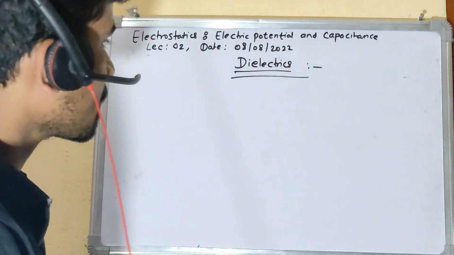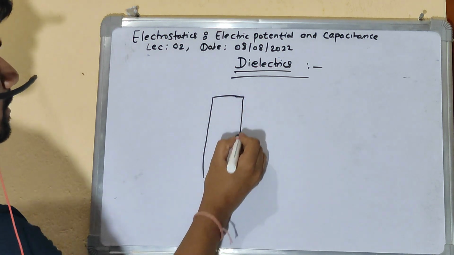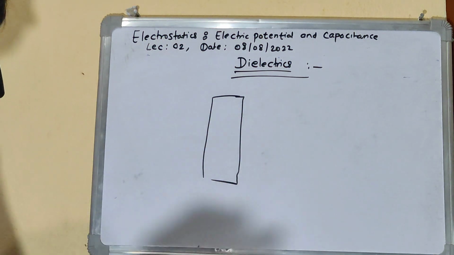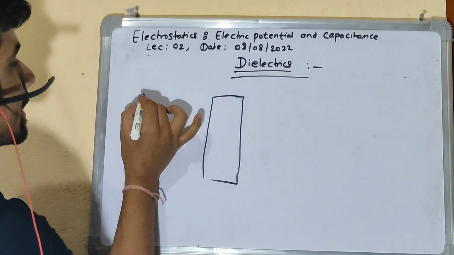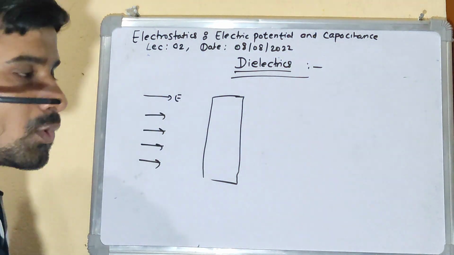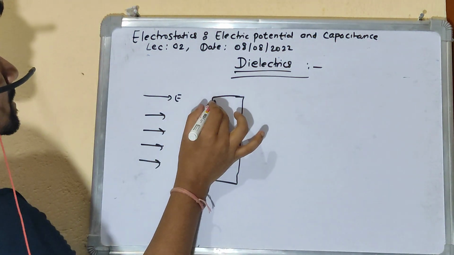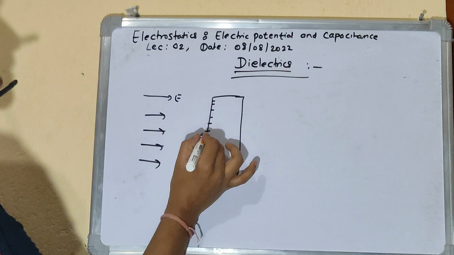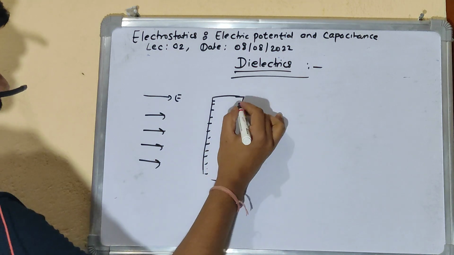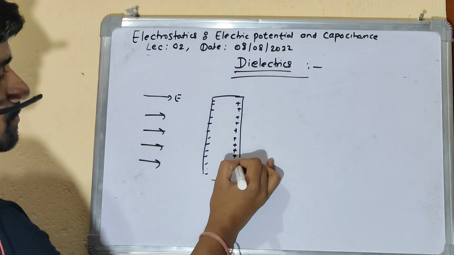But let's say we have a conductor, right? This is a conductor, and it is placed in an external uniform electric field E. What will this electric field do? It will bring negative charge of the conductor to one periphery and positive charge to the other periphery, right?